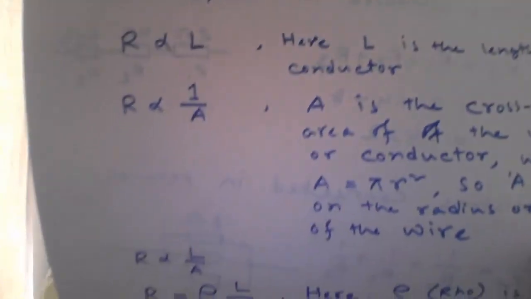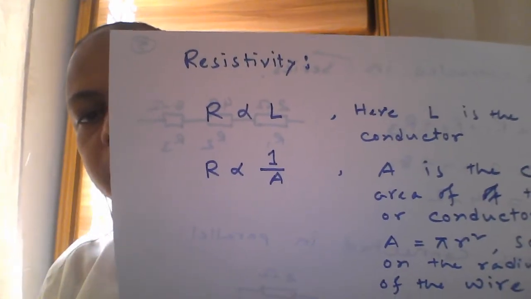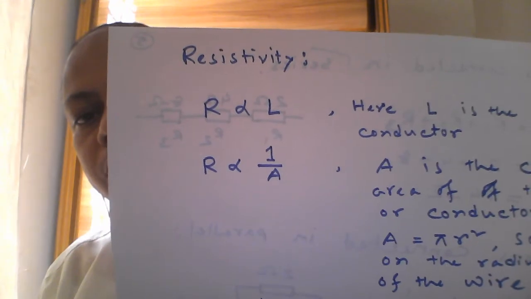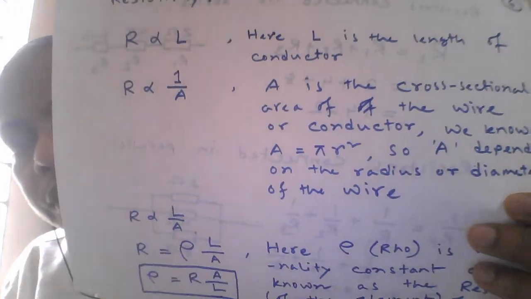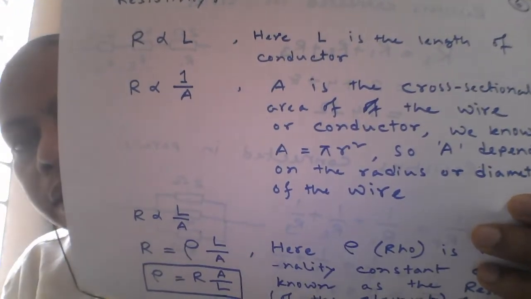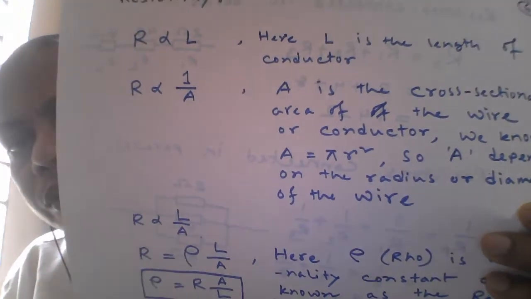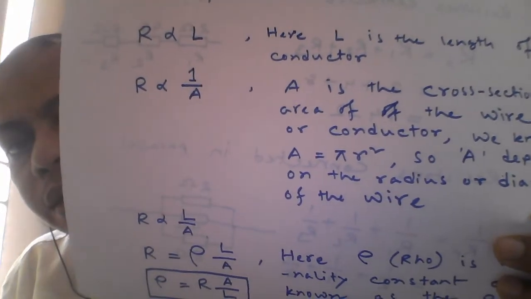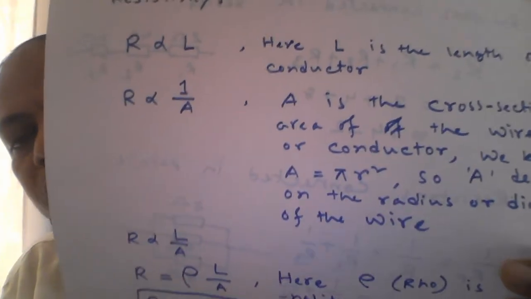Length I represent with L. R is proportional to L. Here L is the length of the conductor. Then we have cross-sectional area A. R is inversely proportional to cross-sectional area. That means R is proportional to 1 by A.